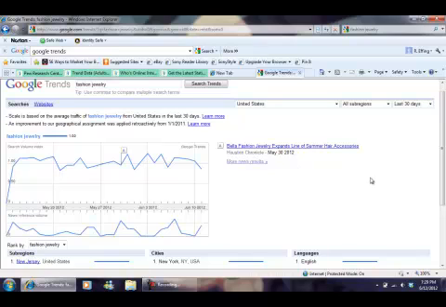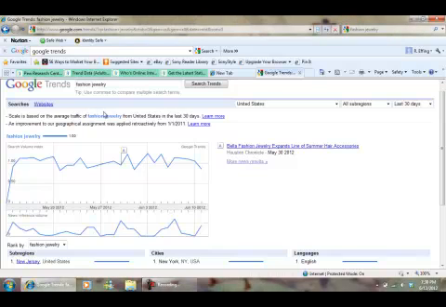For instance, we're looking at the extent of folks searching for the term fashion jewelry in the last 30 days in the United States via google.com. And so we get a pretty healthy index. It doesn't stay steady, so it shows us there are some times in the last 30 days where internet users were searching for these terms more frequently than others.